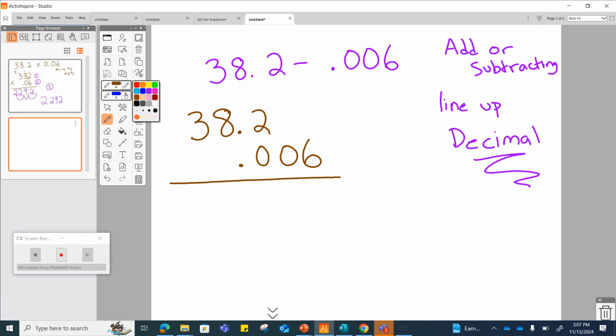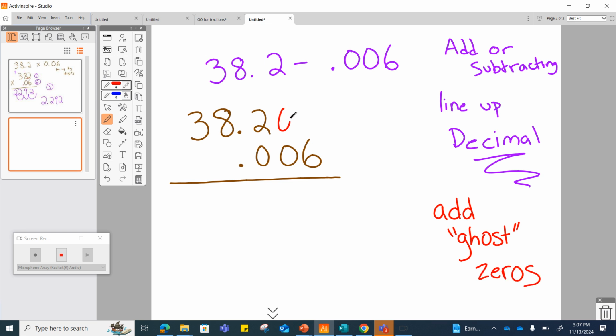I have some missing spaces there, so that's where we add ghost zeros. I'm adding zeros in all those little places where it wouldn't fill in, and I'm going to subtract. I have to subtract with regrouping. 10 minus 6 is 4.